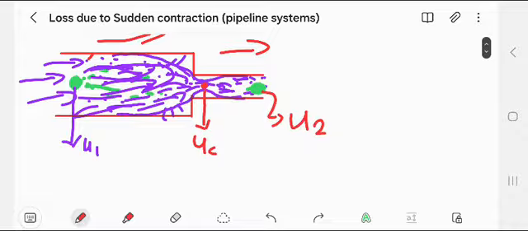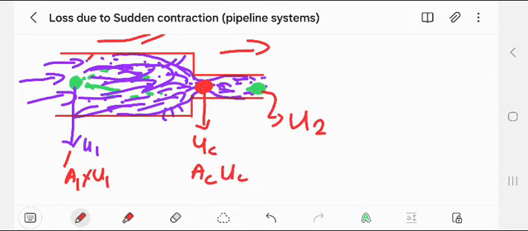If you want the area at this part, it will be area 1 multiplied by u1. Here will be area C, the small one you see at that neck, area of construction multiplied by u at construction.